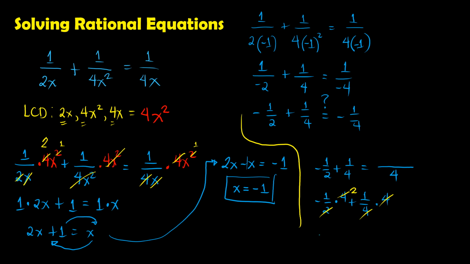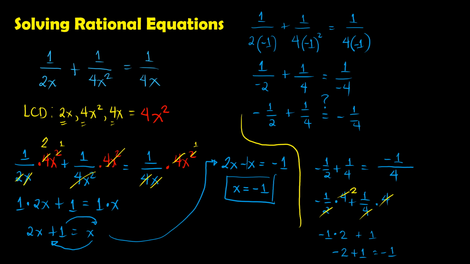We have negative 1 times 2, plus 1. So, negative 1 times 2 is negative 2, plus 1. Negative 2 plus 1, the answer is negative 1. That's what we put up here. Okay?